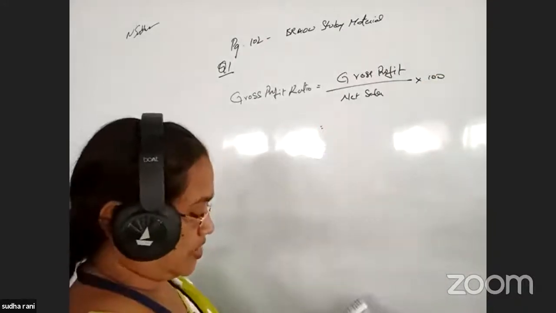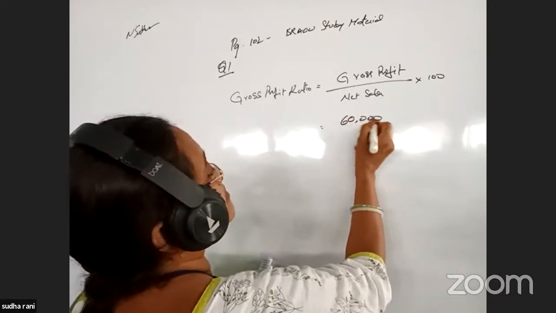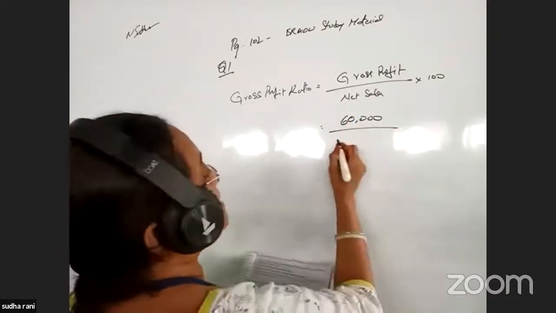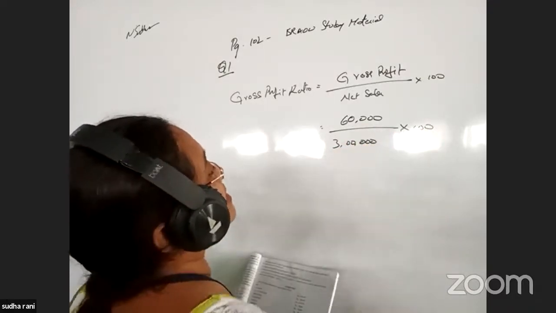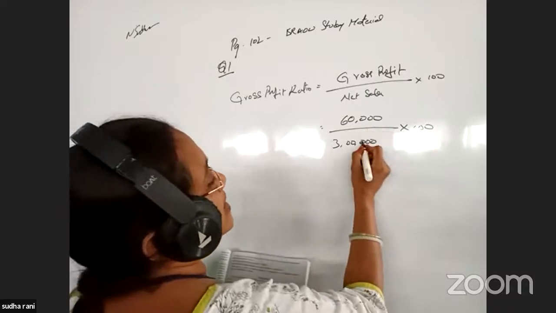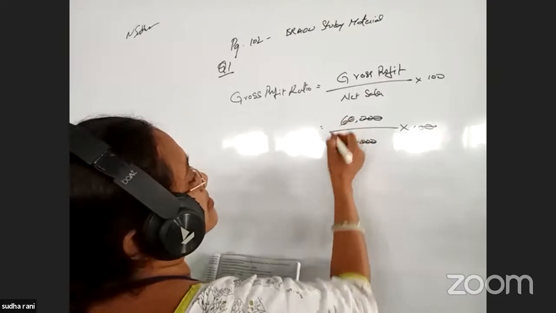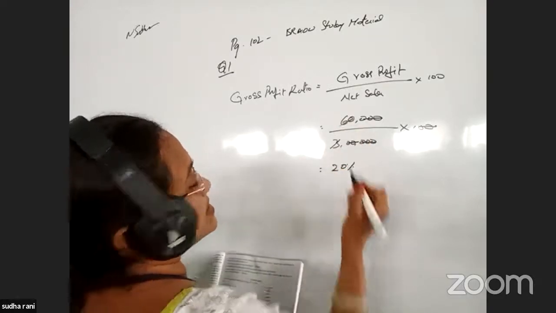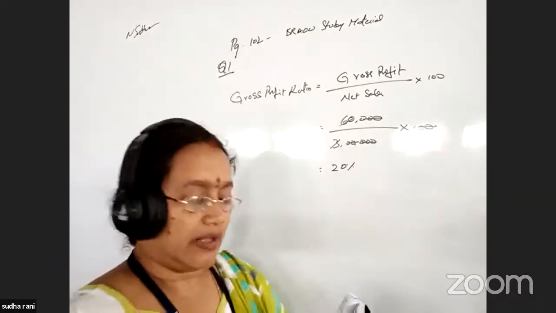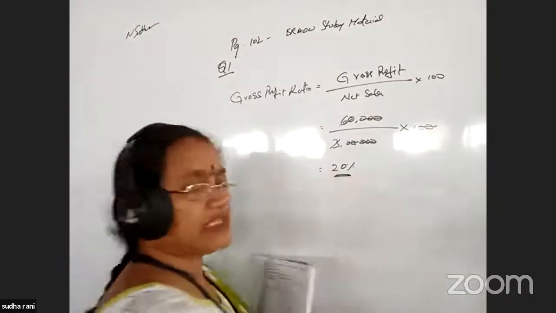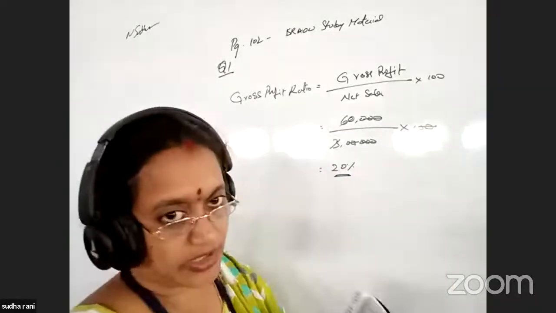Gross profit is given directly, and the net sales are 3 lakhs, into 100. If you cancel, you will get 20%. Profitability ratios, we express in terms of percentage, and we multiply with 100 in order to express that.